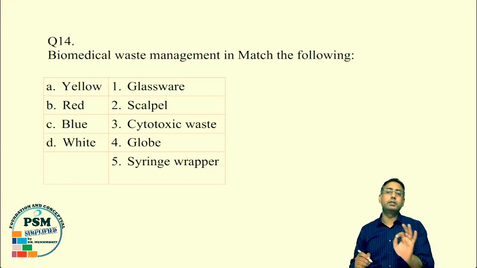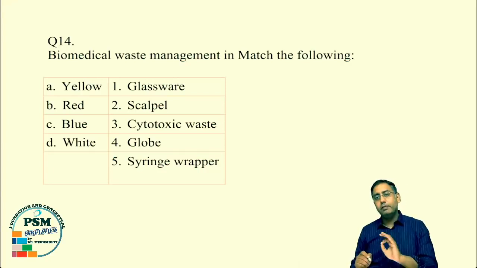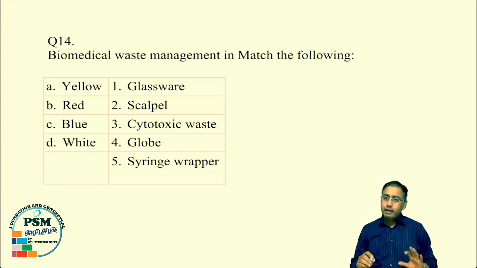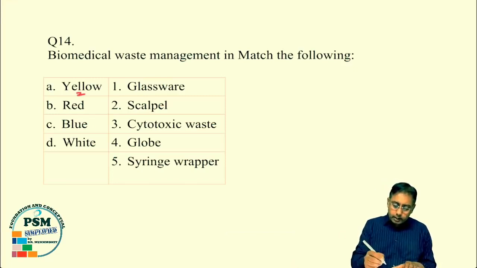So you can do it anywhere. Yellow, please remember, is for anatomical waste, animal waste, cytotoxic waste, every kind of waste which is incineratable, plus the chemical waste and discarded medicines; they are all under the yellow category. So yellow category, I would like to mark with what? Glassware, no. Scalpel, no. Cytotoxic, yes. So I would like to mark A with the third one.